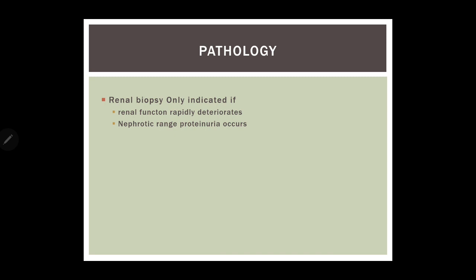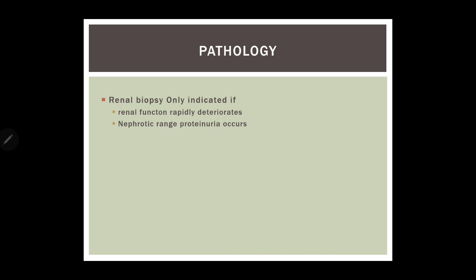Okay, so we look into doing a biopsy only in certain patients. We don't biopsy all our patients with acute glomerulonephritis. So we start off the treatment, which is common to most of the acute GN, and we try to treat without doing a biopsy.